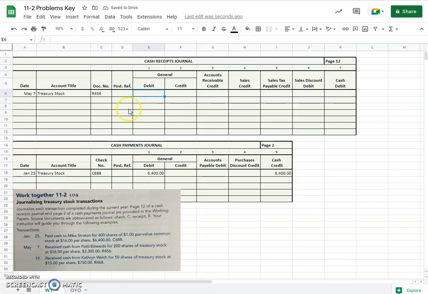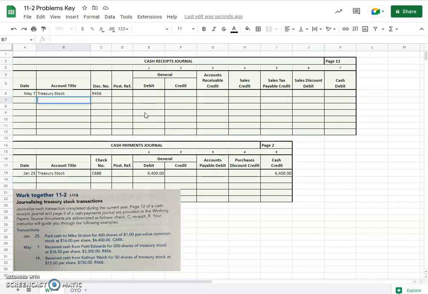So we have treasury stock, and we'll probably have paid in capital, right? Paid in capital in excess from sale because we bought it from Mike Stratton at 16 and we're selling it now at $16.50. So we're making 50 cents on this transaction.